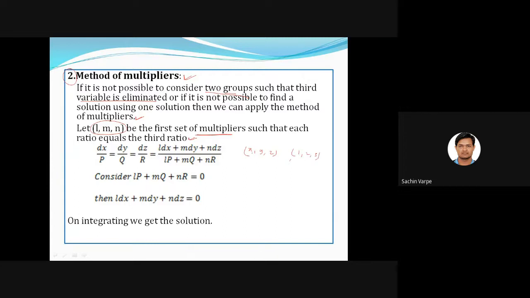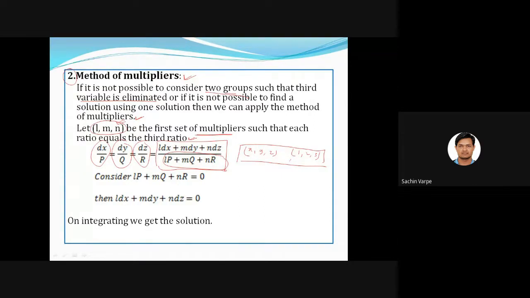How do we select this l, m, n? That depends on the denominator terms. So we select the set of multipliers l, m, n such that each of these ratios is equal to the fourth ratio, l dx plus m dy plus n dz upon lp plus mq plus nr.